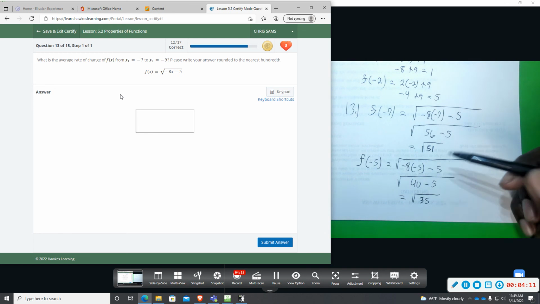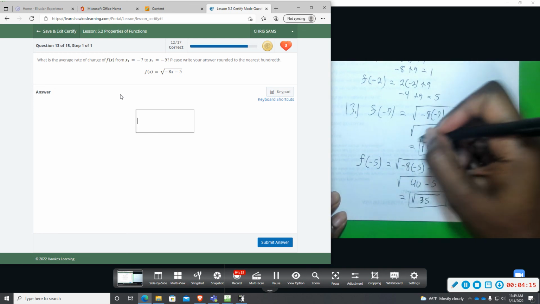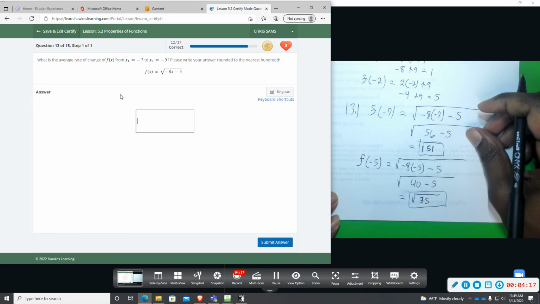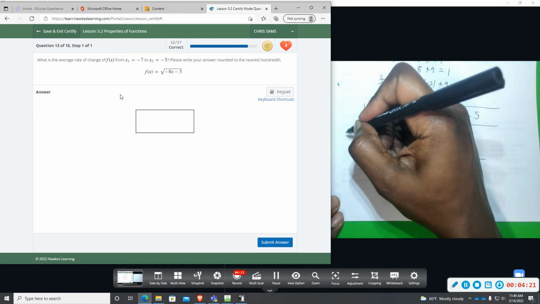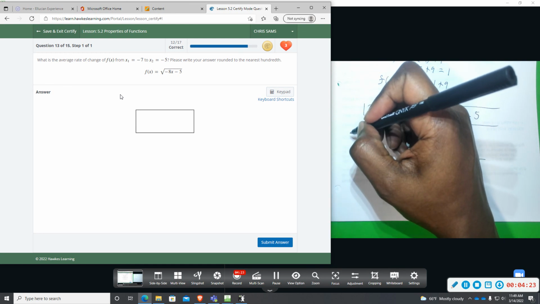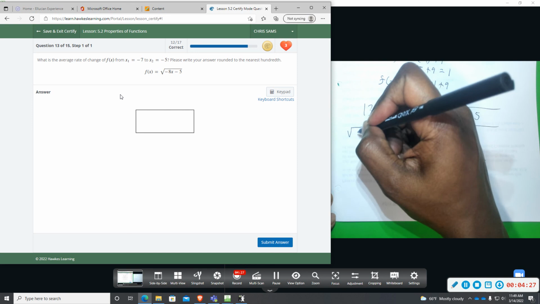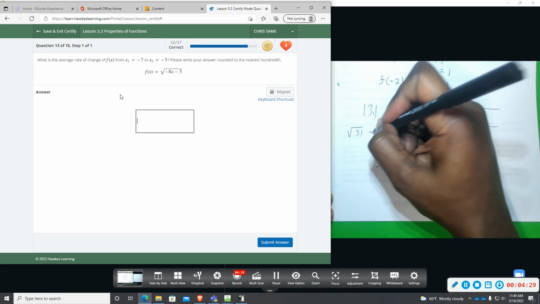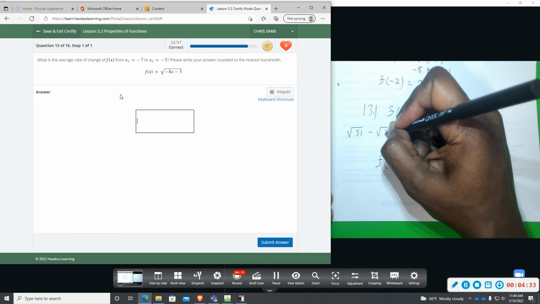Okay, so I have my two y values now. I'm going to plug them into the slope formula. So I'm going to do it in that order: square root of 51 minus square root of 35.